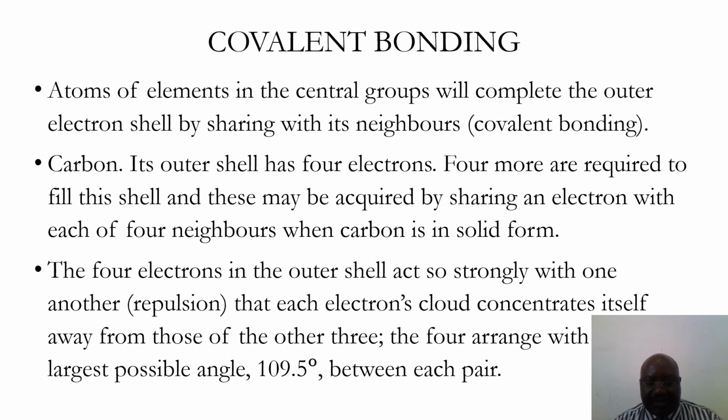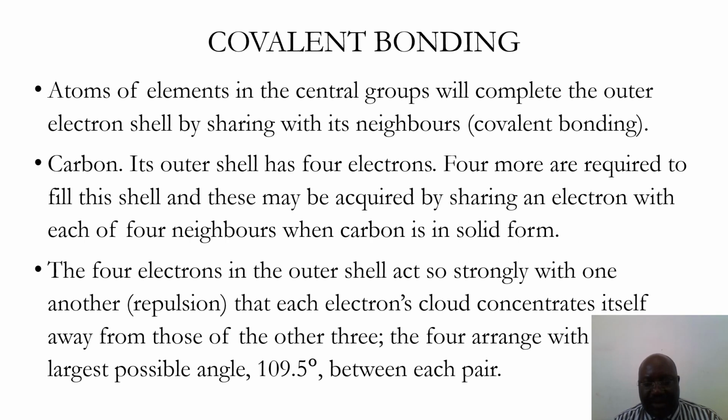Covalent bonding. Atoms of elements in the central groups will complete the outer electron shell by sharing electrons with their neighbors to form covalent bonds. Carbon, as an example, has 4 electrons in its outer shell, and 4 more are required to fill this shell.